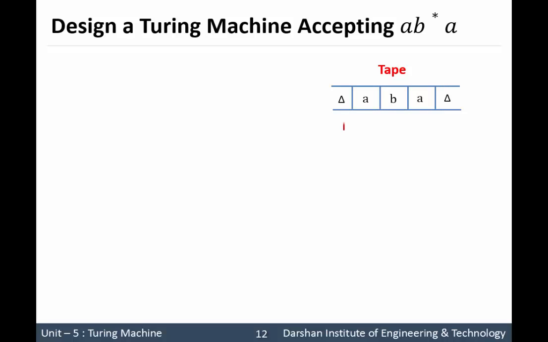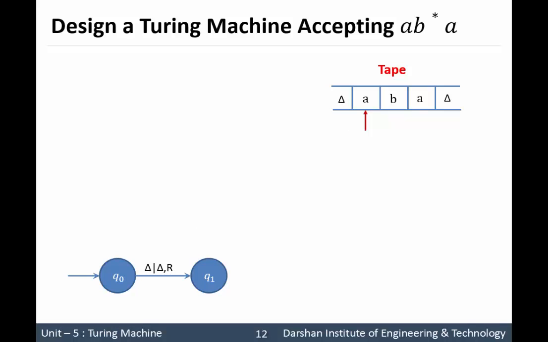Our tape head is on the delta, so no need to replace it. Just shift tape head to the right direction so we can read our input string. Now from state Q0 to state Q1, just read delta on the tape, replace delta by delta and move to the right direction.